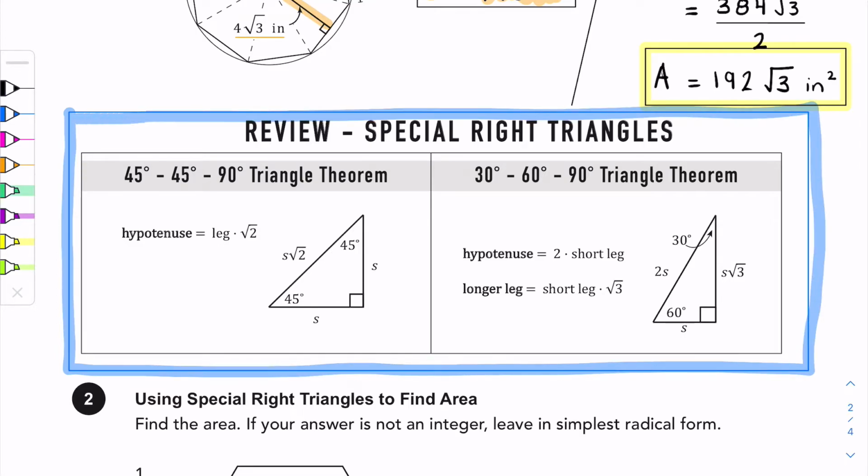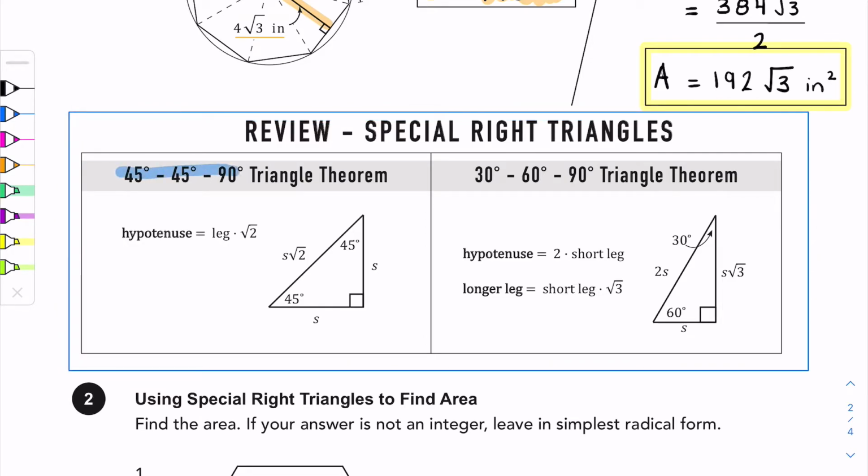But I will just remind you that there are 2 types: a 45-45-90 and a 30-60-90. For a 45-45-90, you have one equation: hypotenuse is leg times the square root of 2. And for 30-60-90, you have 2 equations. There's no specific order as to which ones you use first. It's specifically dependent on the problem.